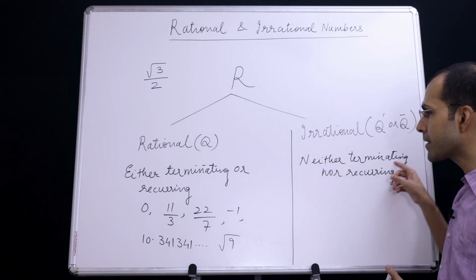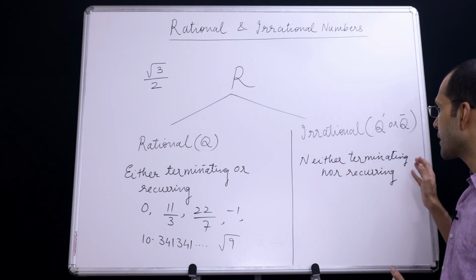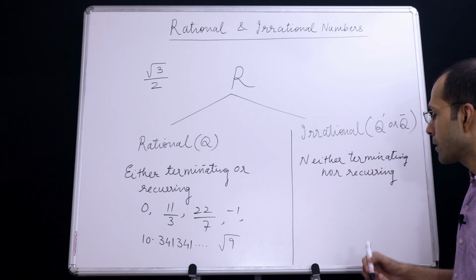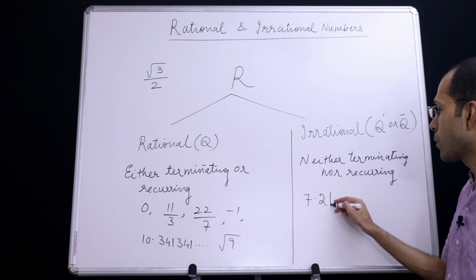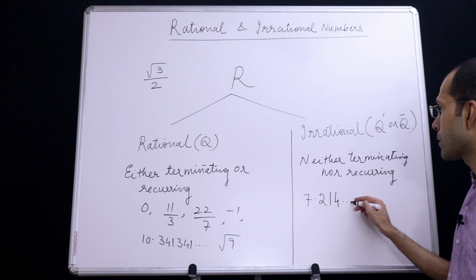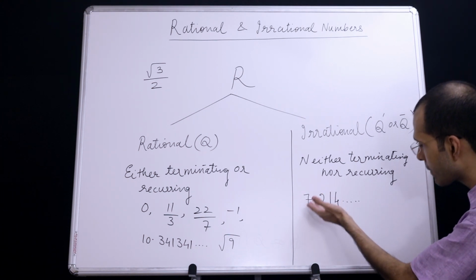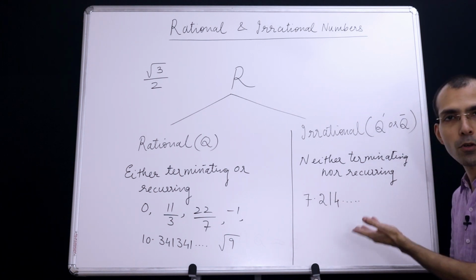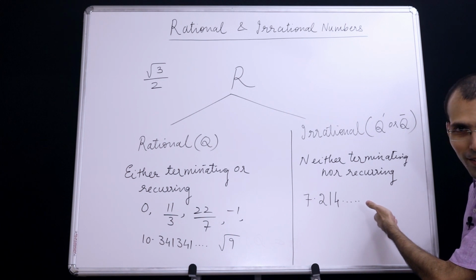Neither terminating nor recurring. Say for example 7.214... This is irrational because it is 7.214. After that what comes we do not know. There is no pattern which is recurring.